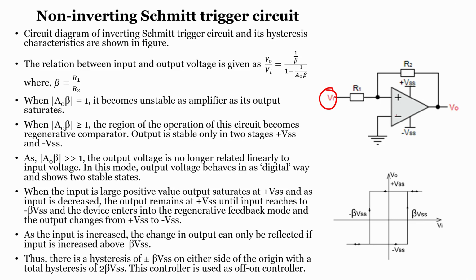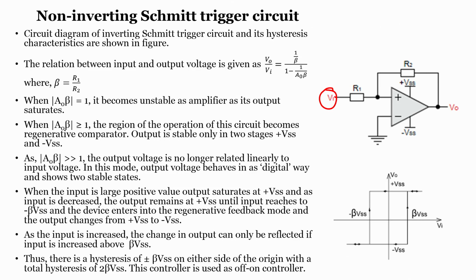So, the negative terminal is connected to ground. Apart from this, everything looks the same. When you see the characteristics, the relation between the input and output, it was also inverted compared to the output of your inverting type Schmitt trigger.